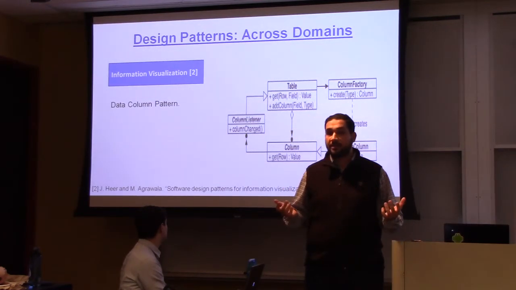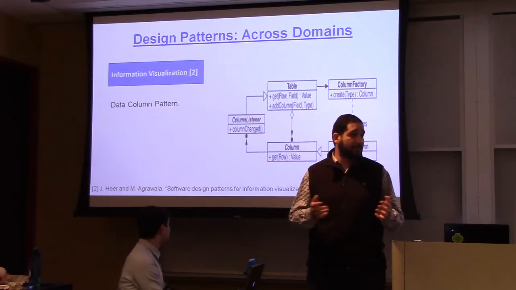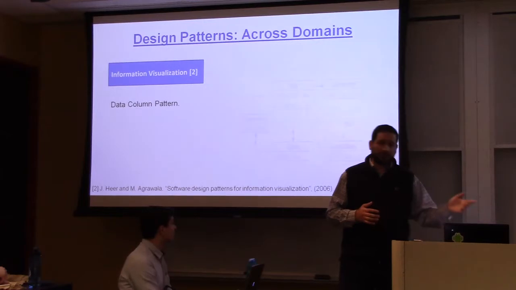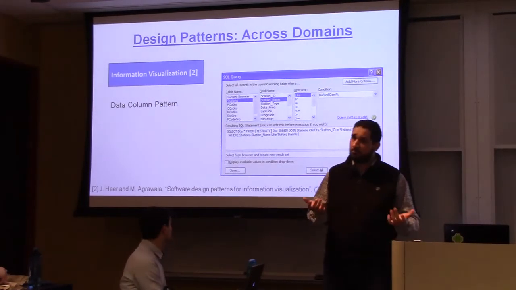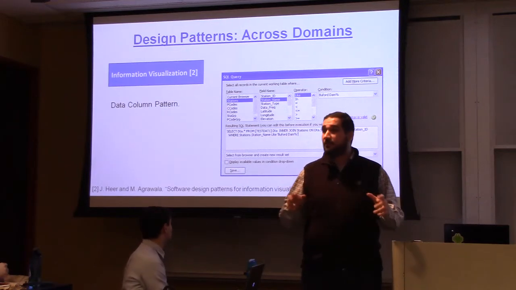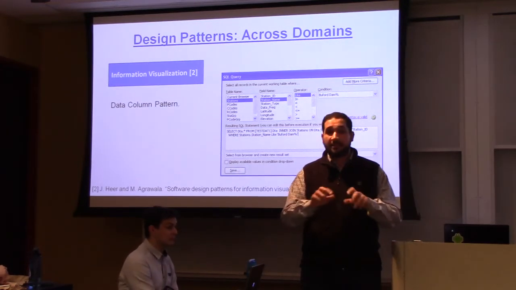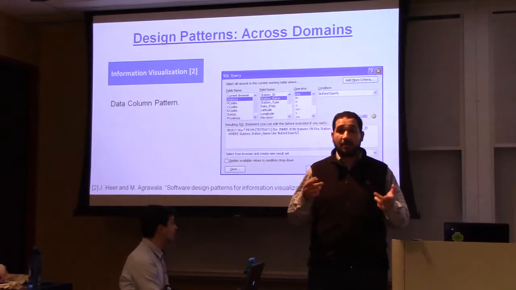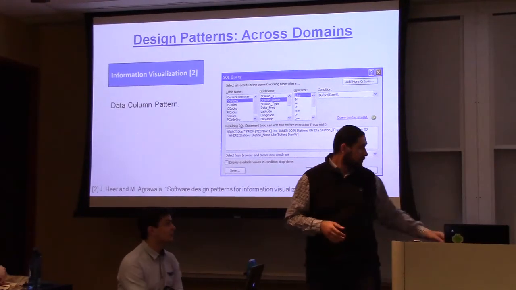This helps you design a table visually instead of writing queries, which could be a basis of something we know in databases called query by example. And instead of letting the user write the query himself, he can use a design like that to build up the query and the conditions.